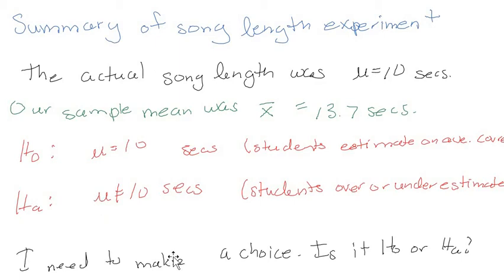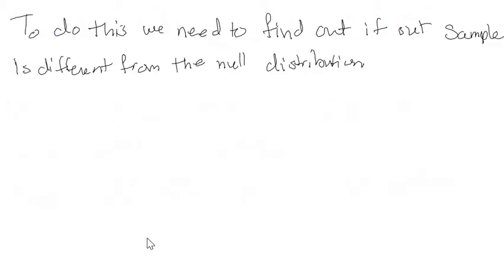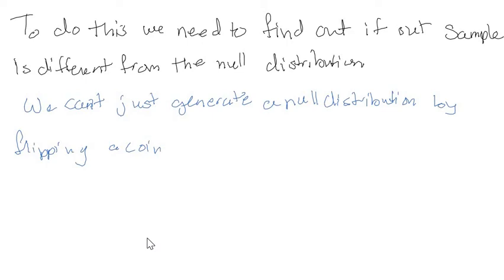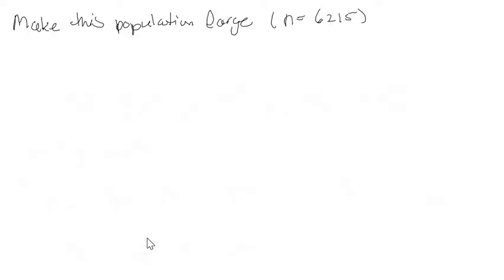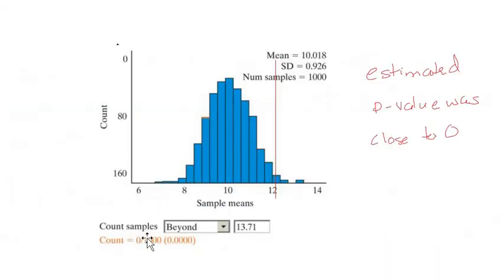I need to make a choice somehow with some kind of analysis, whether it's H0 or HA. To do this, I need to find out if that sample is different than the null distribution. The way they did it in class is they actually simulated distributions, but I'm just going to run you to the picture.